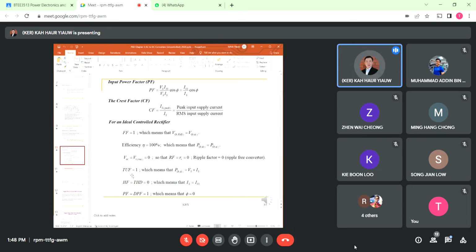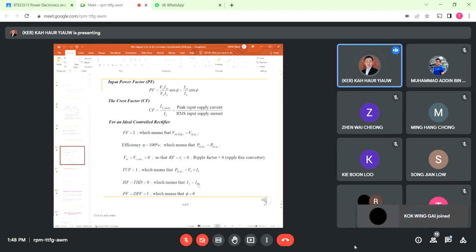It tells you that if TUF is 1, your DC output power is equal to the watt-ampere rating of your input. TSC is 0 if your IS1 equals your IS. This one is basically impossible to equal 0.